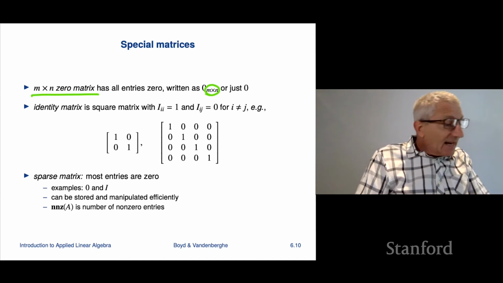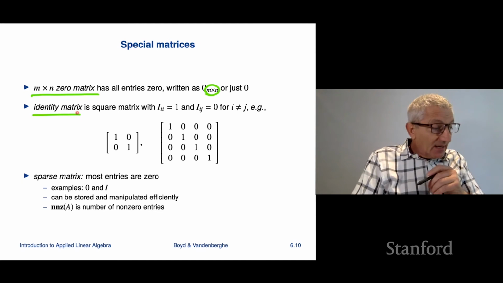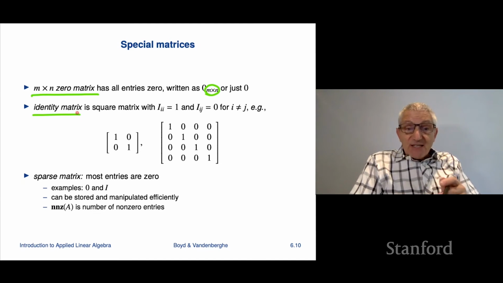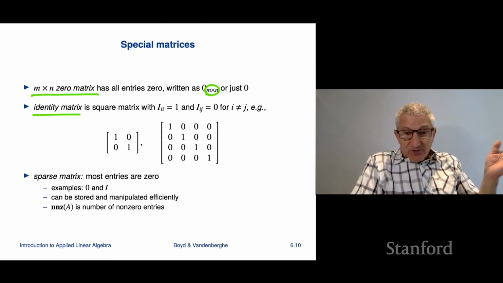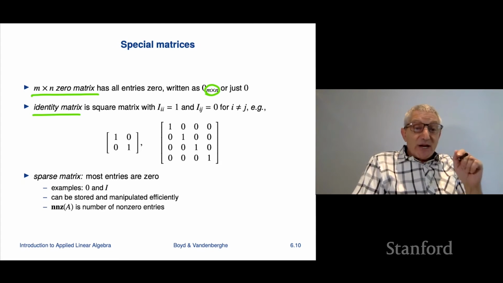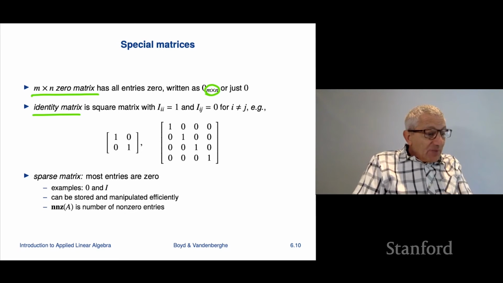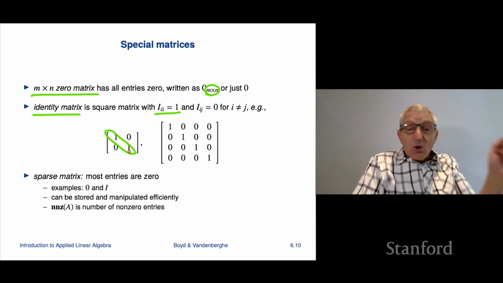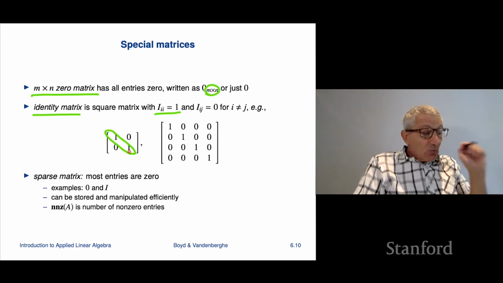Okay, an identity matrix. There's no analog of that for vectors. Here's what it is. It must be square, number one, and then its diagonal entries, that's the entries where the row and column index are equal, they're 1, and the off-diagonal entries, those are the entries where i is not equal to j, are 0.